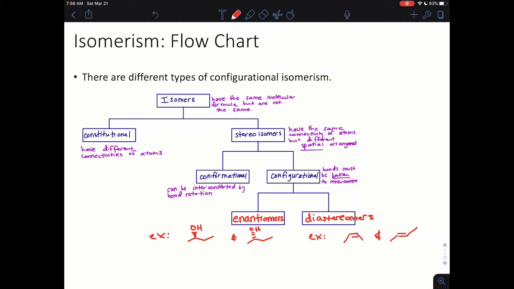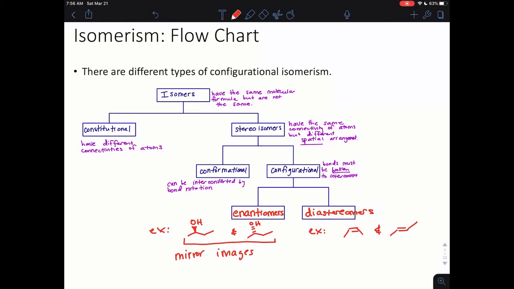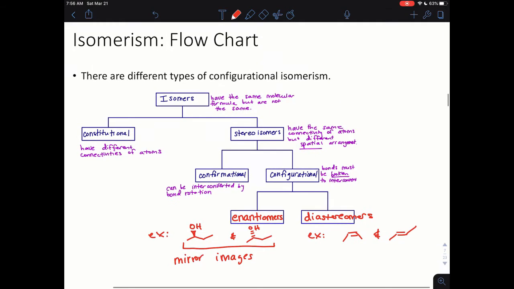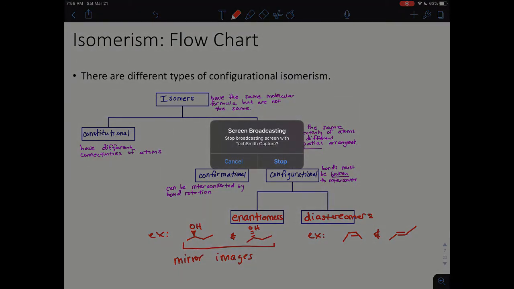So we're going to go ahead now and we're going to think about the definitions of enantiomers and diastereomers. Now these two molecules, they look really similar, and in fact these are mirror images of one another. Okay, what does that mean? Well, I'm going to show you with my model kit, and then we're going to talk about it more on paper.